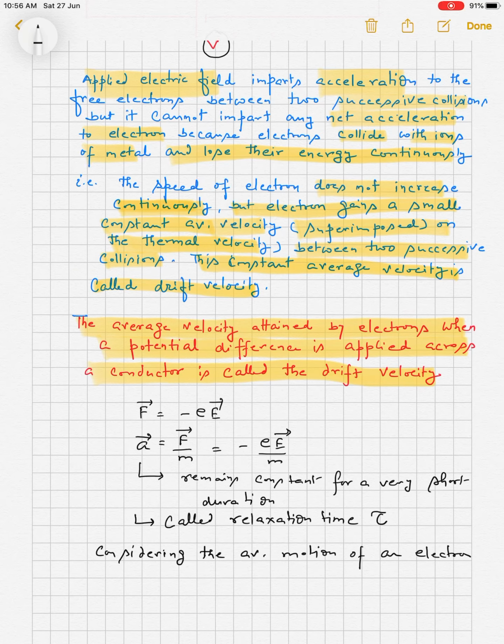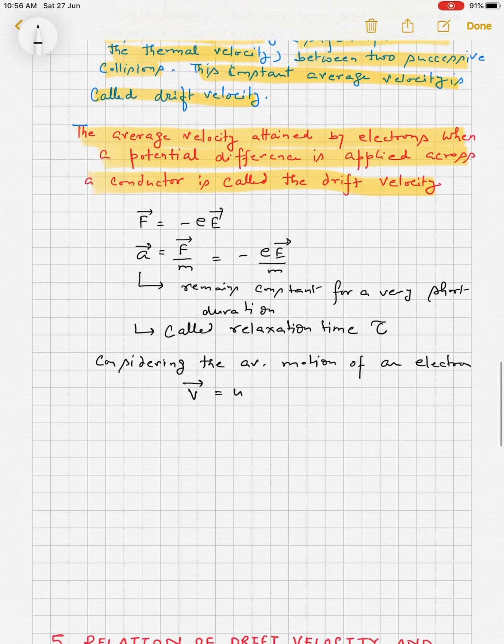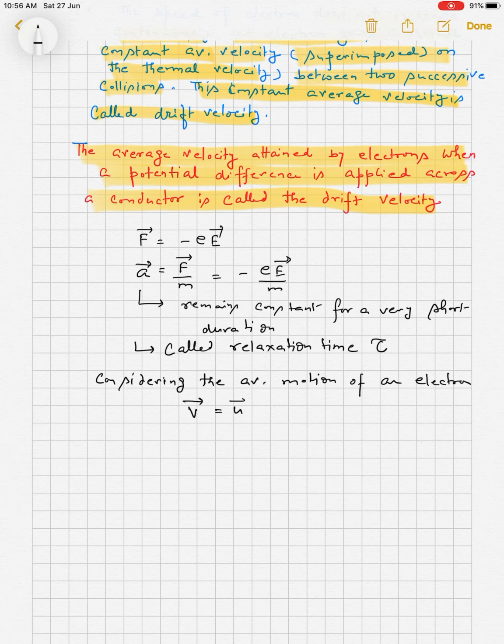So the velocity of the electron after time t, that is drift velocity, is given by the relation v is equal to u plus at.